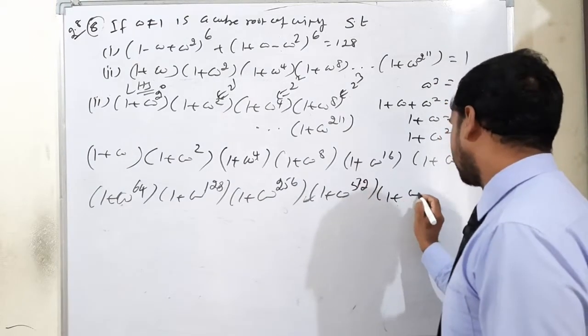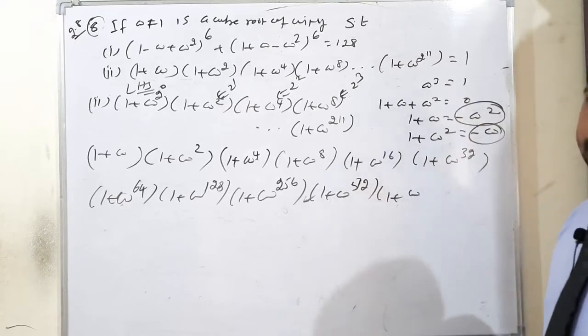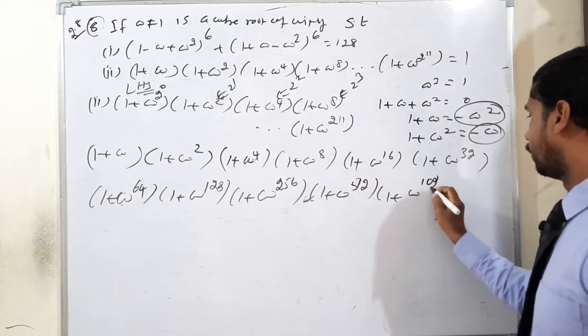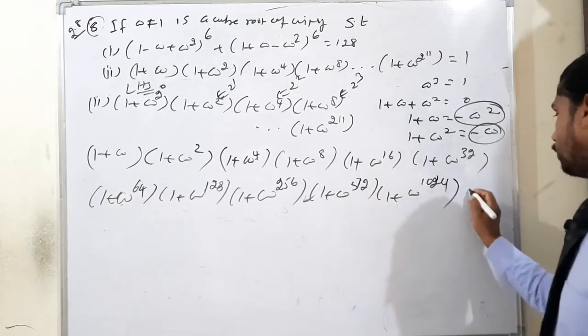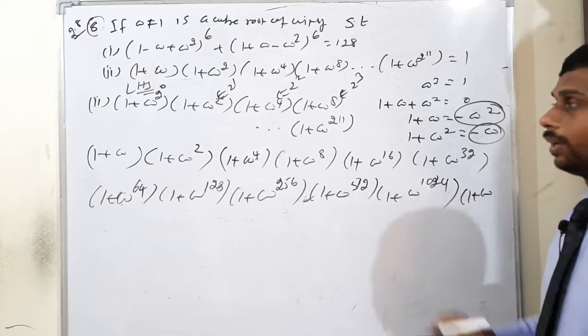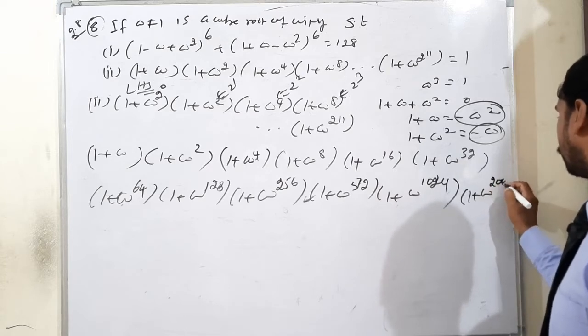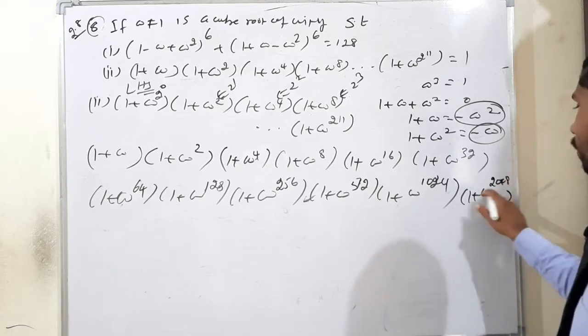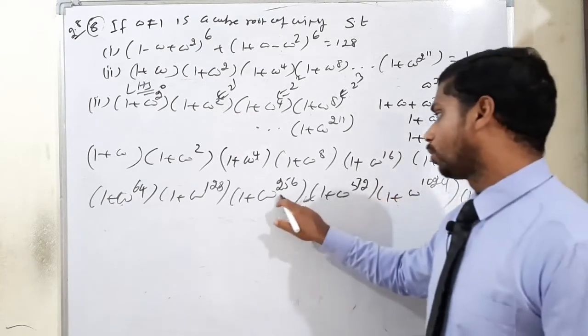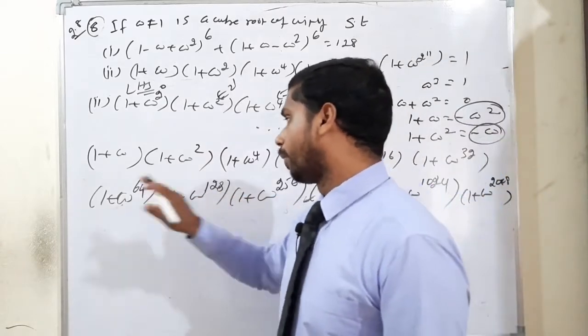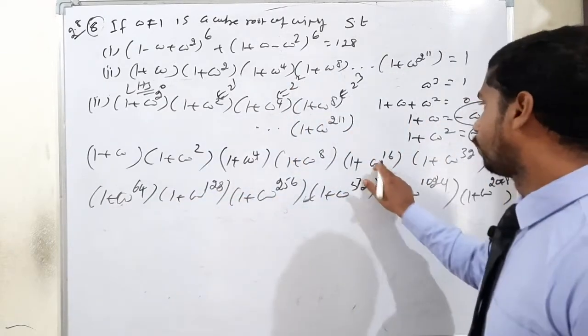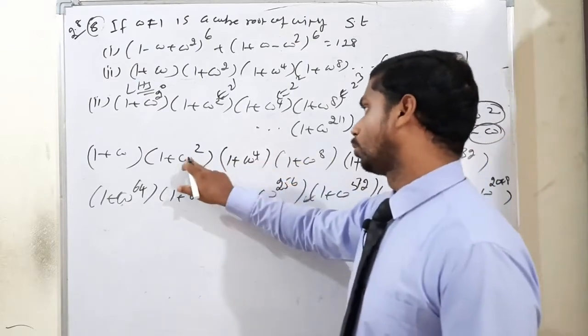Next step omega power 1024. Now the last one, 1 plus omega power 2 power 11, which means 2048. Look at there: this is 2 power 11, 2 power 10, 2 power 9, 2 power 8, 2 power 7, 2 power 6, 2 power 5, 2 power 4, 2 power 3, 2 power 2, 2 power 1, 2 power 0.